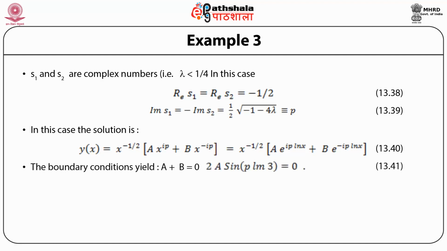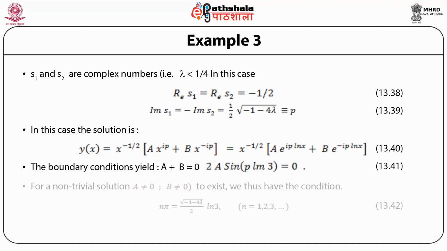We now apply the boundary condition at x is equal to 1. When we apply it, we have a plus b equal to 0. When we apply the boundary condition at x is equal to 3, we get 2a sine 3p equal to 0. For a non-trivial solution, meaning a not equal to 0, b not equal to 0, to exist, we must have sine 3p equal to 0, which means n pi must be equal to 3p.